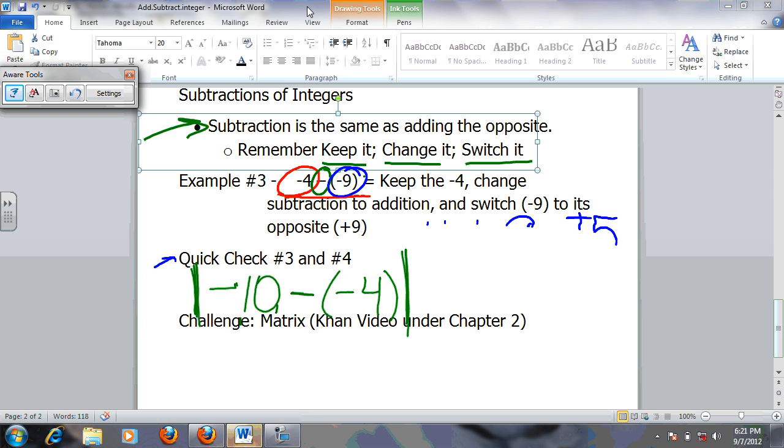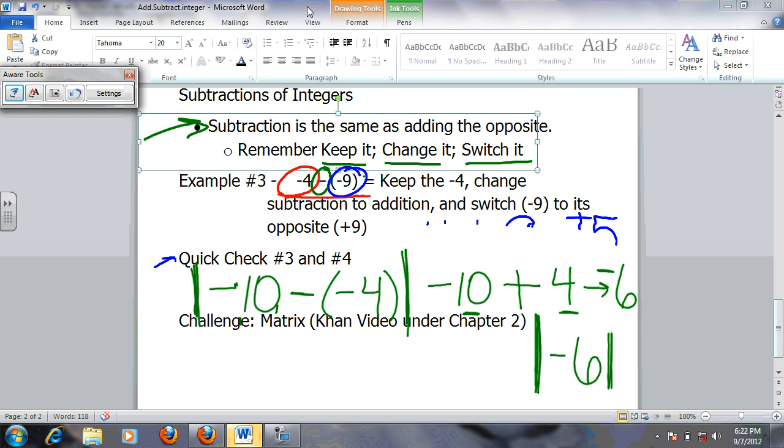Let's do the problem first, and let's change it to addition. -10 plus the opposite, the switching of -4 to 4. Signs are different. Subtract. 6, which is bigger, 10 or 4? 10 is, so 6 is negative. So we have the absolute value of -6, which is 6.